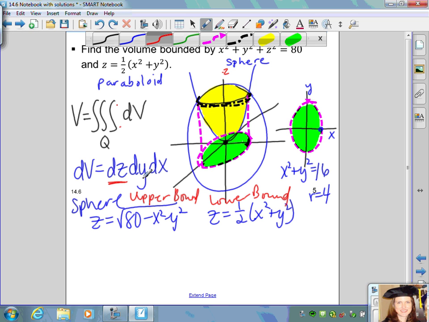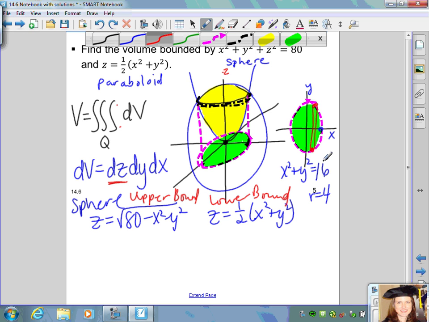Now let's look at our bounds for y and our bounds for x. We've got to look at this base region here, and we can draw vertical rectangles, or even horizontal rectangles, and you can solve it in that way. But in order to find the bounds in terms of y, we want to find the equation for the bottom y and the top y.